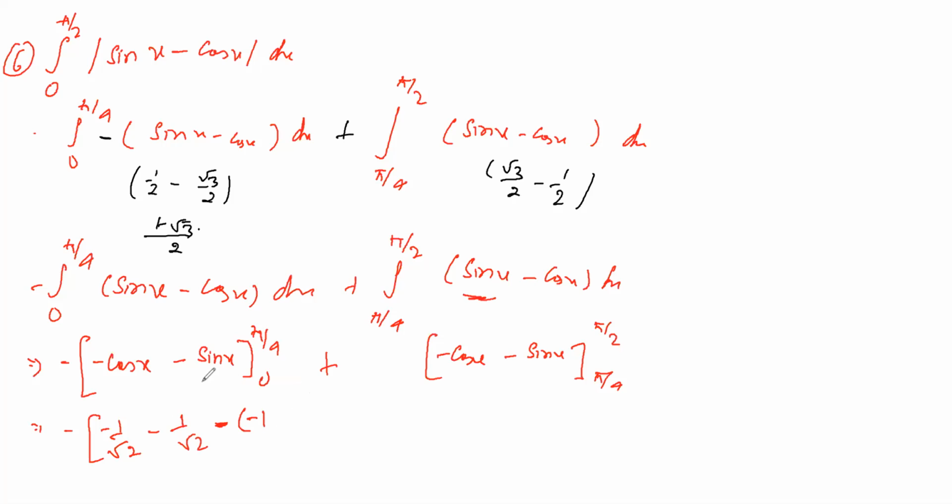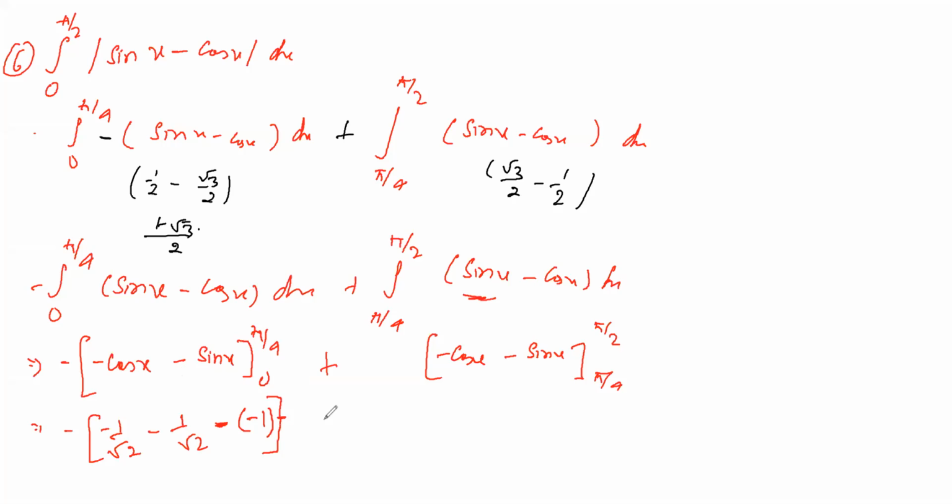Okay. Now here is this minus and sine 0. Sine 0 is equal to what? 0 only. So no need to write this. It will become 0 only. Okay. So this is just for minus cos x minus sin x. This is completed.